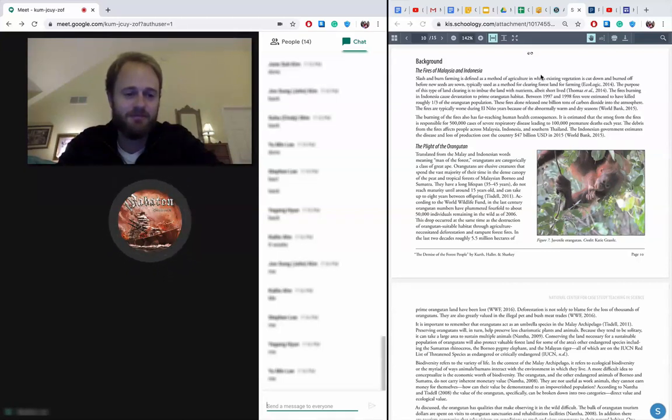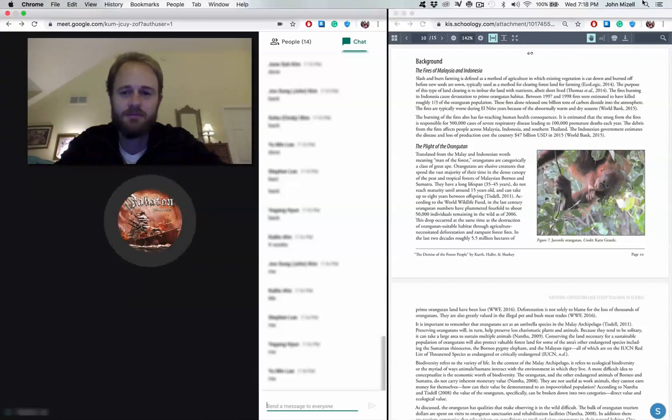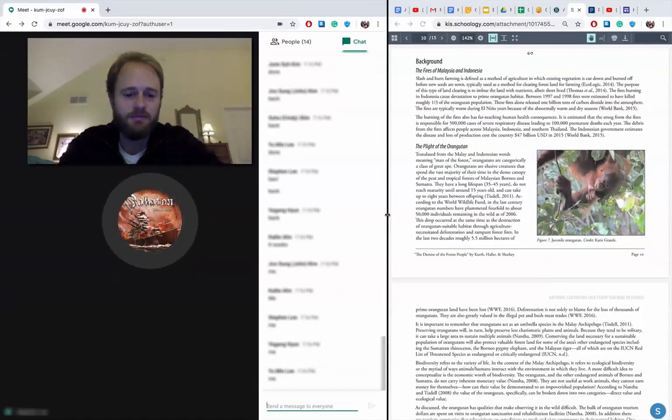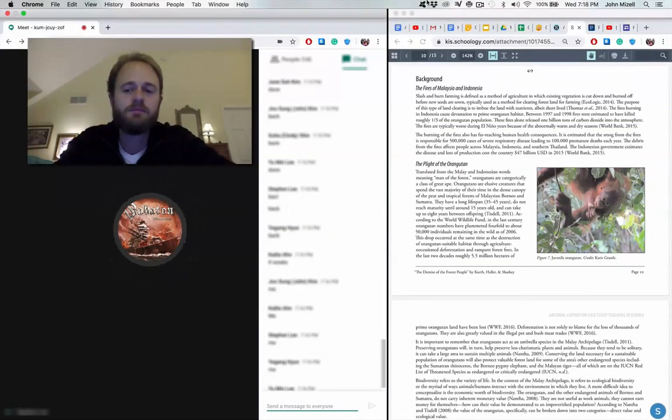And orangutans, because they require a large amount of space as an umbrella species in order to survive, the removal of that habitat has had a devastating effect on their population, along with the fact that orangutans tend to live high up in the trees, so they're hard to see. So people who cut down those trees may not know if an orangutan is on top of that tree, which also leads to the dwindling population. Yeah, yep.